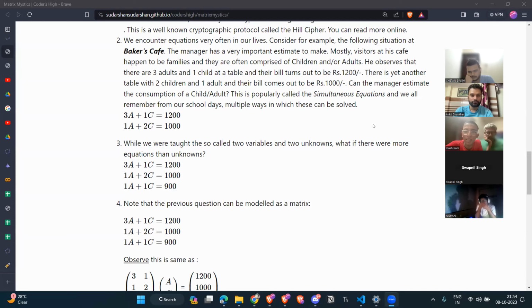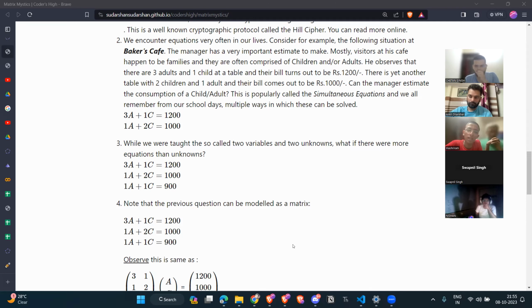Can the manager estimate the consumption of a child and an adult? This is popularly called simultaneous equations, and we all remember from our school days multiple ways in which this can be solved. So what they are doing is giving two equations. There are three adults and one child, so you get a bill of 1,200 rupees, and two children and one adult consume 1,000 rupees worth of stuff.